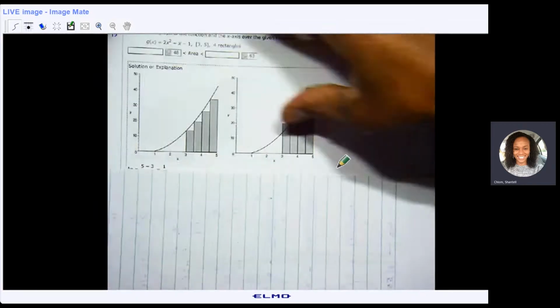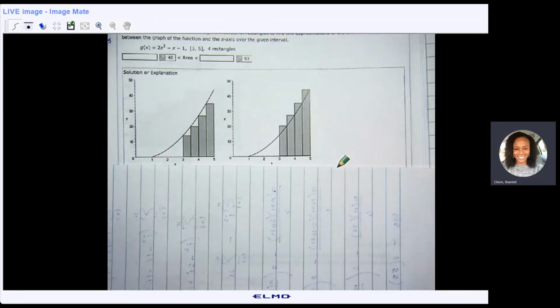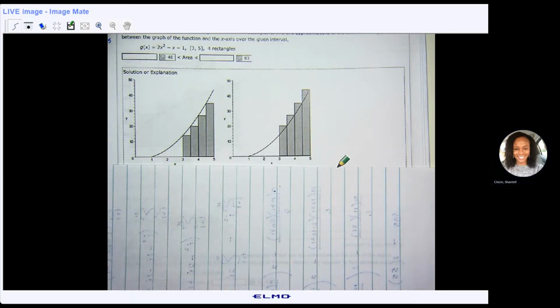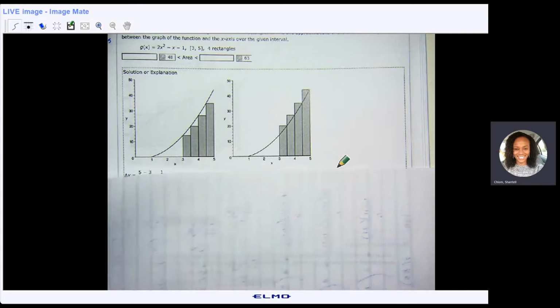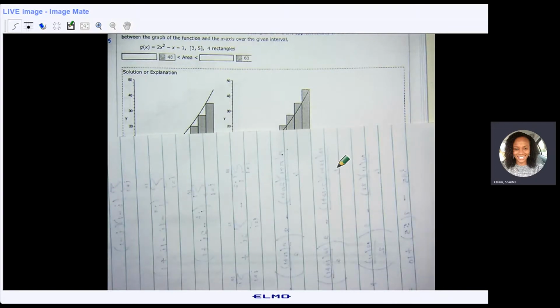So number 15 is asking us to use left and right endpoints and the given number of rectangles to find two approximations of the area of the region between the graph of the function and the x-axis over the given interval. So I don't believe a graph comes with this problem, and you really kind of need one.